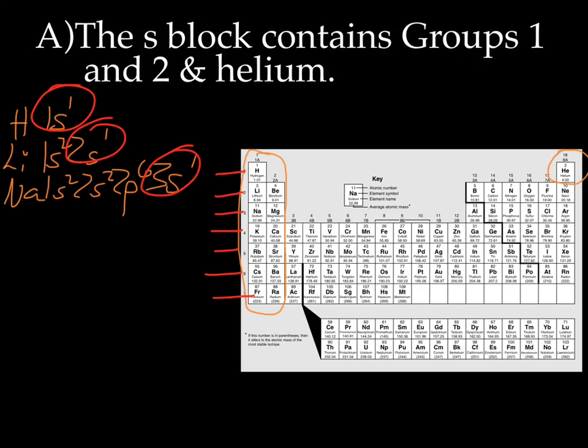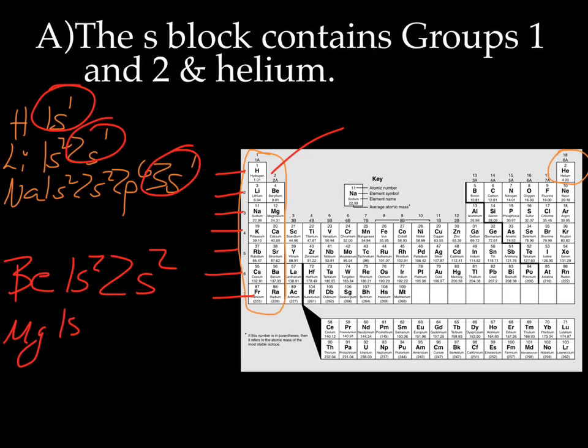If we now look at group 2, beryllium is not 1s2, I so lied to you. Let's try that again. Beryllium is 1s2, 2s2.